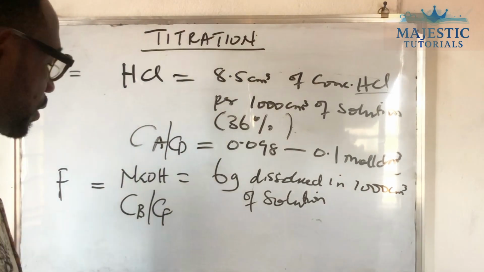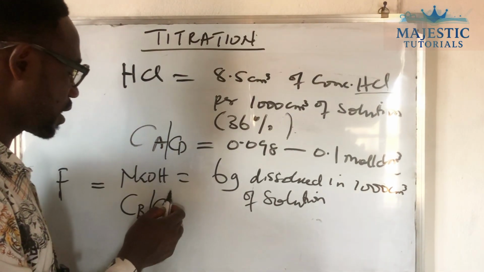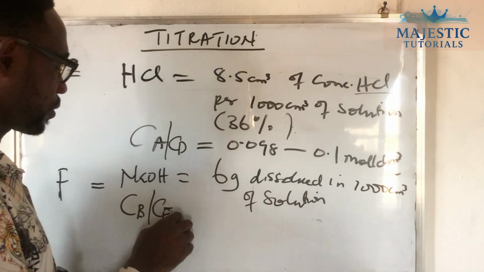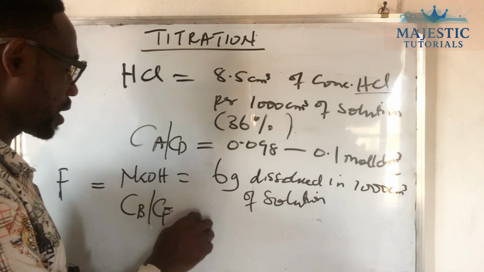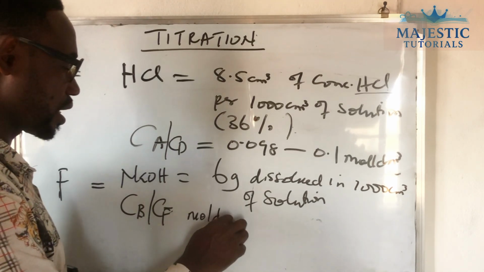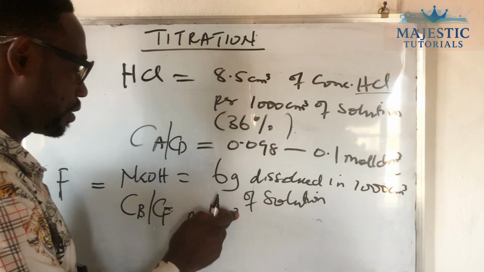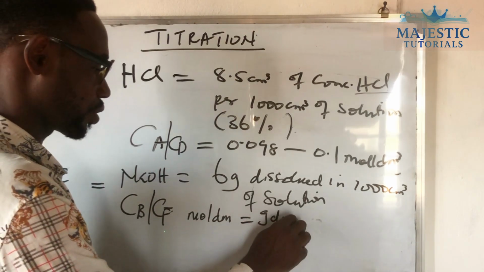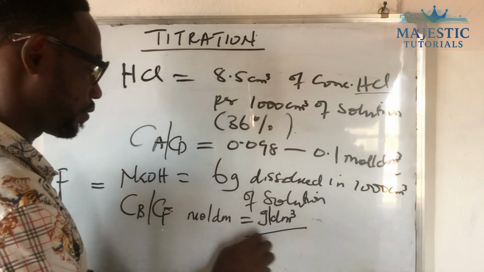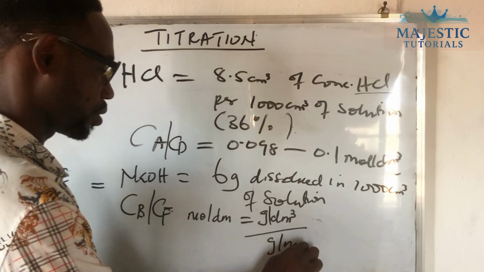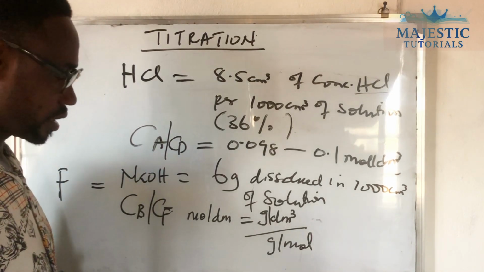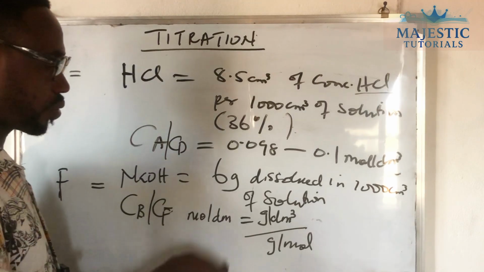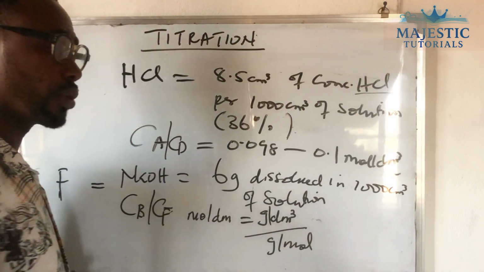Now, what is the molarity, which we commonly know as Cb, but here it's supposed to be Cf, to be specific. So for the sodium hydroxide, first of all, we will find out the molarity, which is mole per dm cube, equal to gram per dm cube over gram per mole. Translating this, it means that molarity is equal to mass concentration over molar mass.